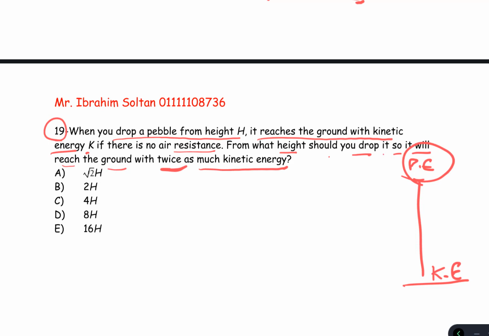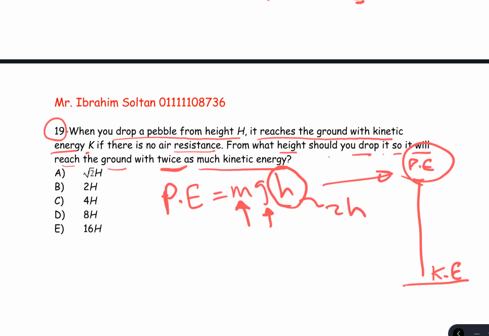So you need to make the potential energy twice. You know potential energy equals mgh. It is the same object, right? And same acceleration due to gravity 9.8. So you need to double the height, make it 2h, to get 2 potential energy.